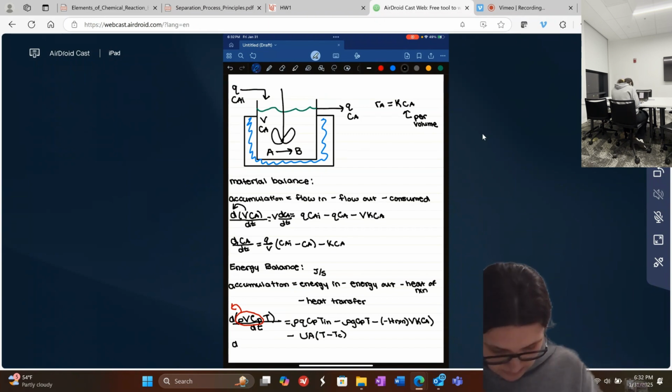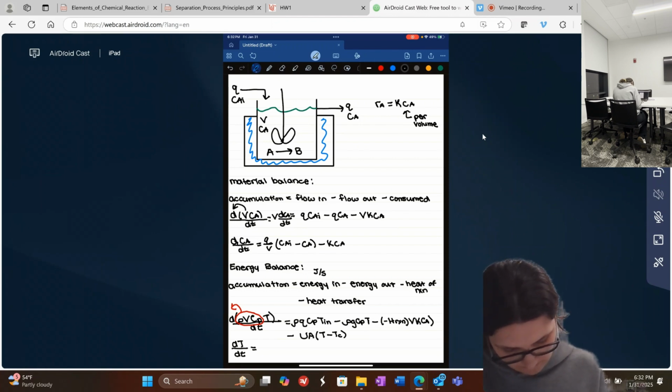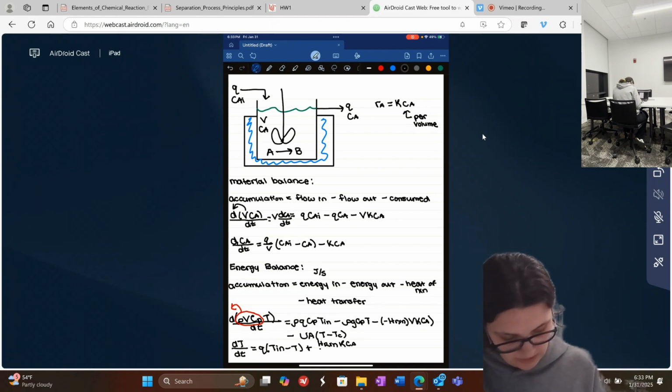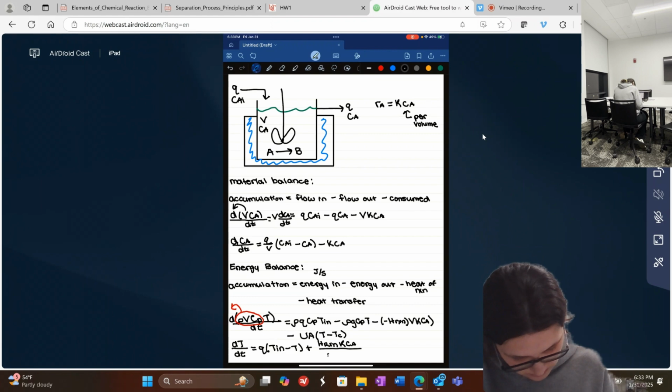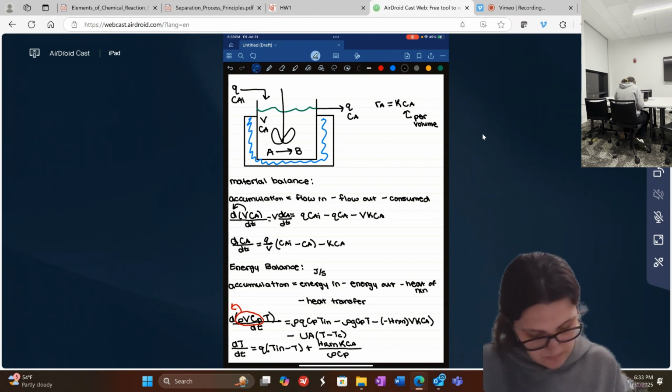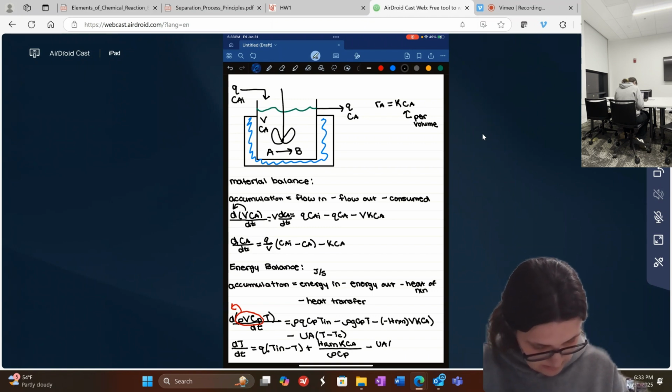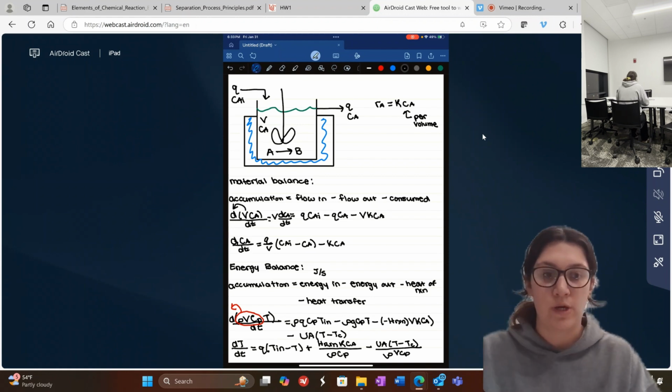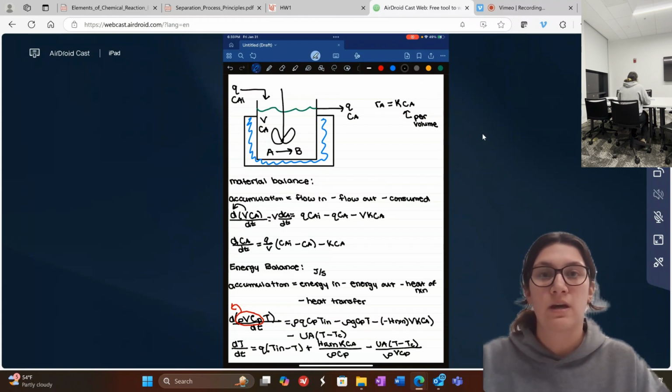So what we end up with is dT/dt is equal to our flow, T in minus T out, plus heat of reaction times k times concentration over rho times Cp, minus UA (T minus Tc) over all those terms, rho Cp.